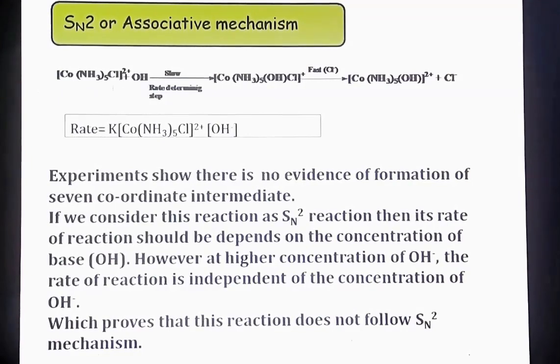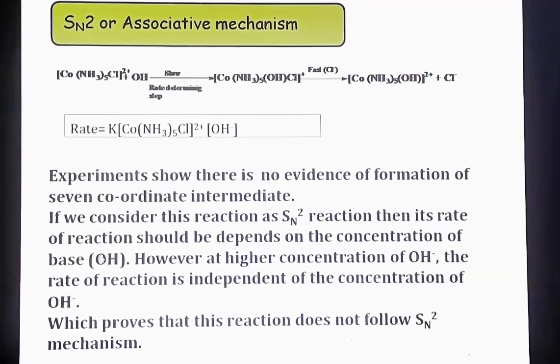In the first step, this pentaammine chloro complex reacts with the OH base, and this should be the rate determining slow step, and we should get this 7-coordinated intermediate. The next step should be the dissociative or fast step, where this chlorine will leave and again we get the hydroxo complex. In this condition, the rate of reaction should depend upon the concentration of substrate and base OH negative ion.